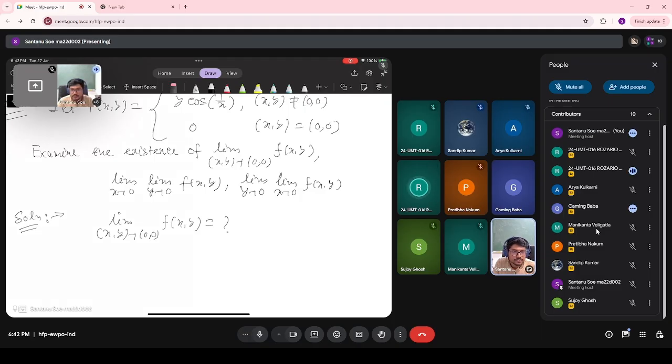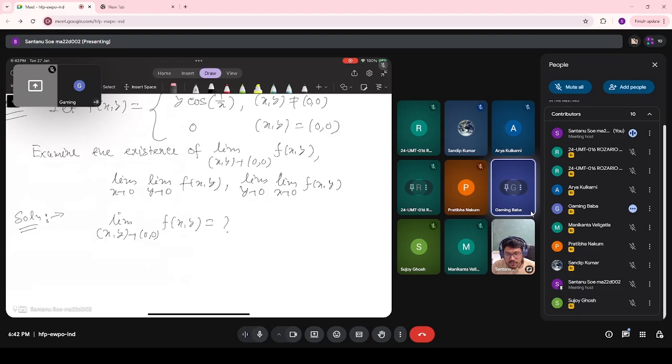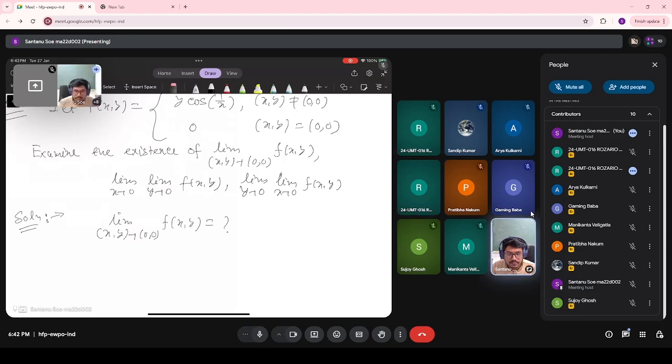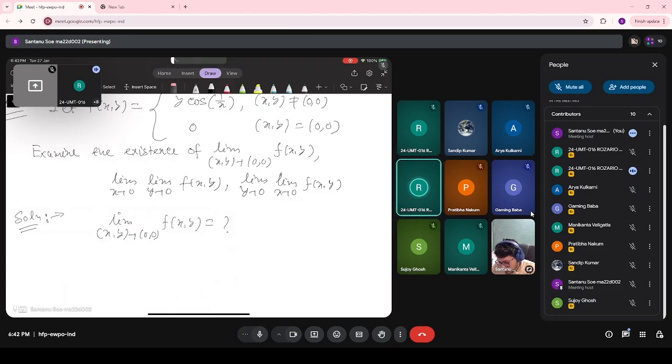So if the limit exists, then you have to prove it using the epsilon and delta definition. Sir, we should take mod f(x) minus L, which is less than epsilon, and later we need to substitute the value.